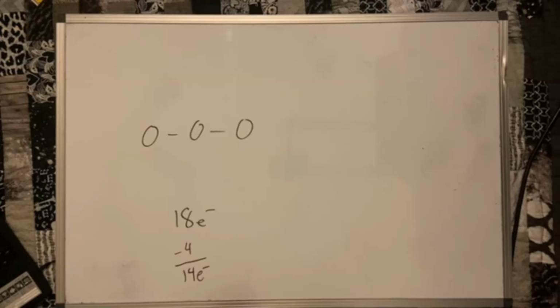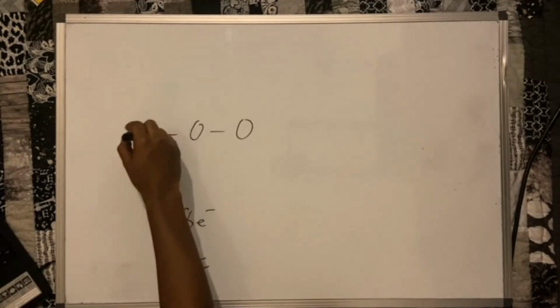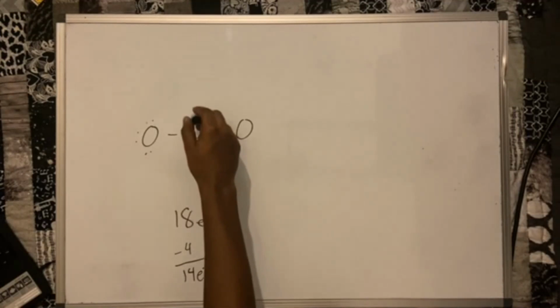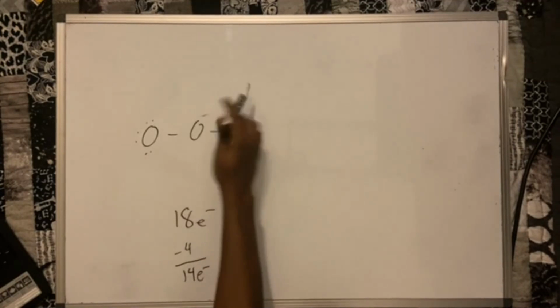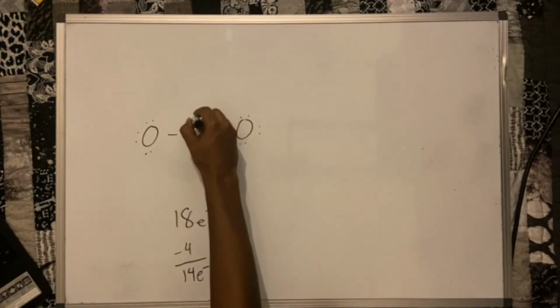So I can start. All of them are oxygen, so I'm going to start putting them wherever I want. I'll put them on the outside ones first. 12, 14. You probably can't see these.